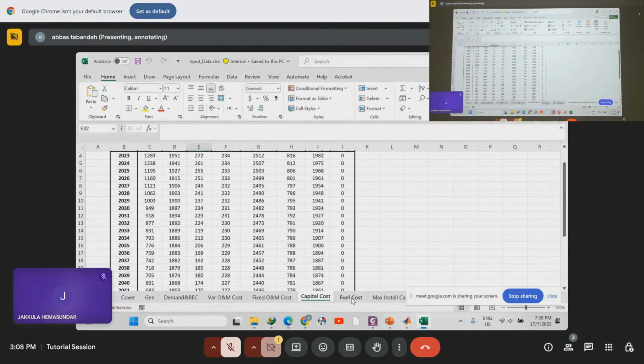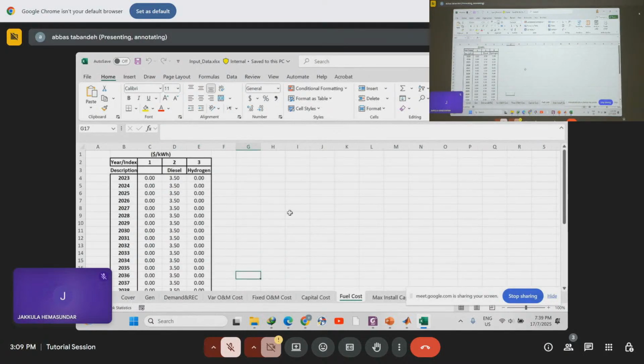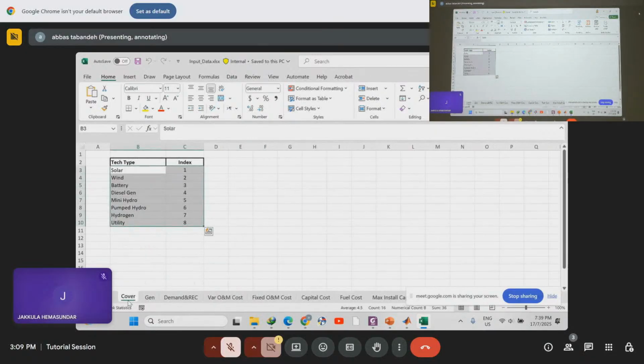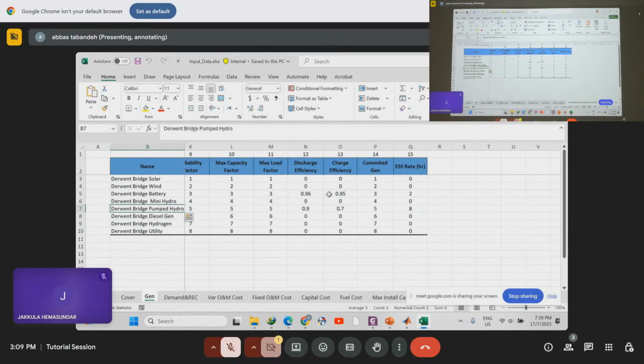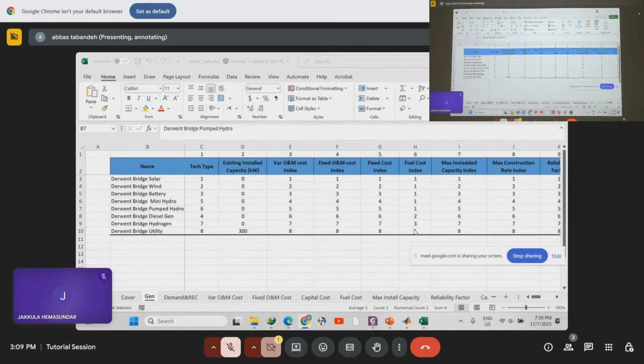And here we have fuel costs. This index is 1, 2, 3 that I showed you here. Fuel cost index 1, 2, 3. Now we use it here.